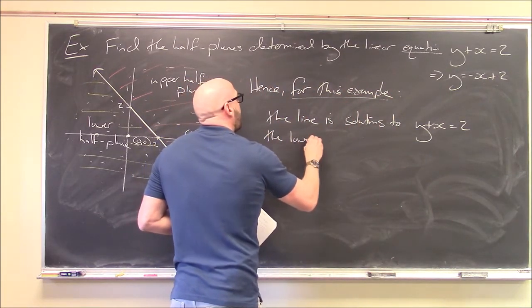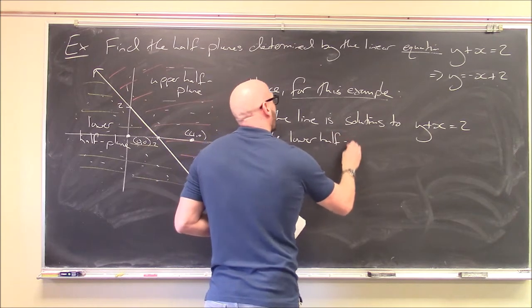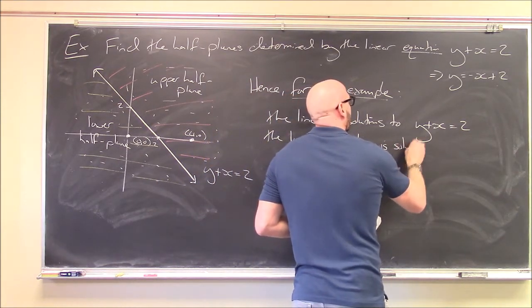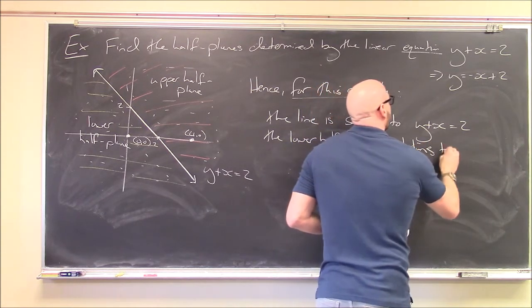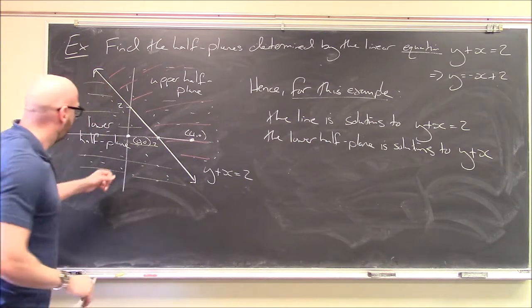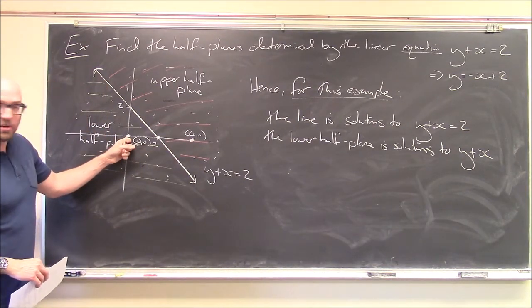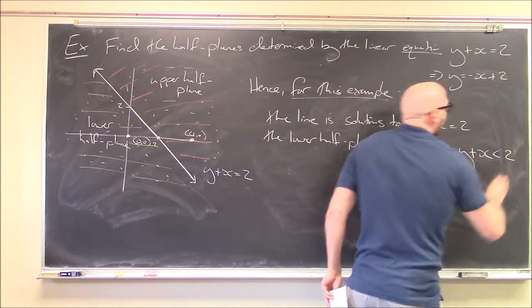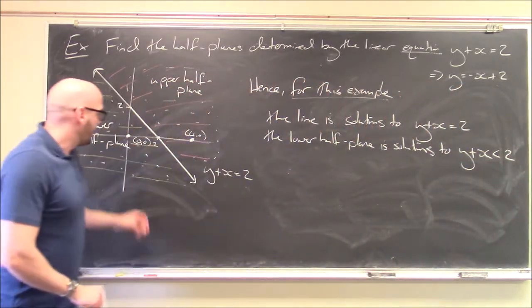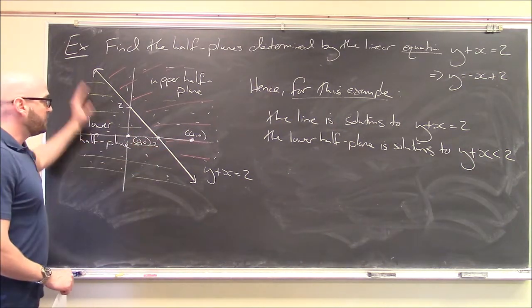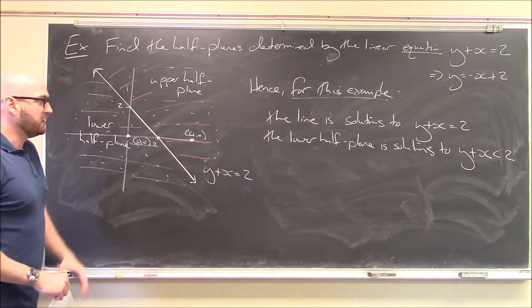Meanwhile, the lower half plane is solutions to this inequality. Y plus x, what did we get? We plugged in 0, 0, y plus x was less than 2. And it turns out that if any point in a particular half plane satisfies the inequality, then every point in that half plane satisfies the inequality.